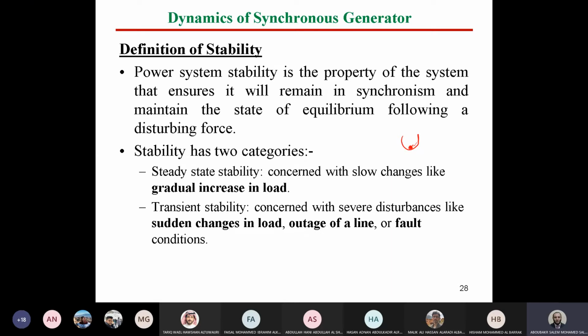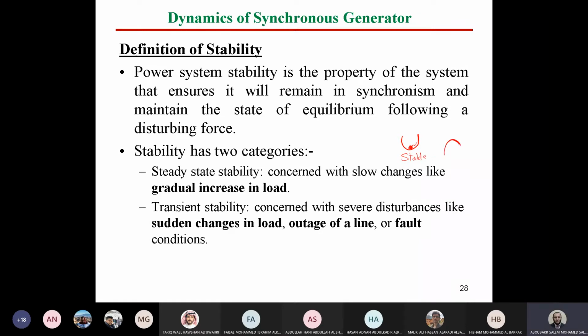Is it right or not? Yes, that's right, guys. So if we apply a disturbance here, the ball in the cup will return back to the same point again. So we can say this is an example of a stable system.